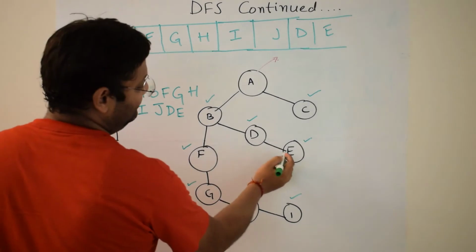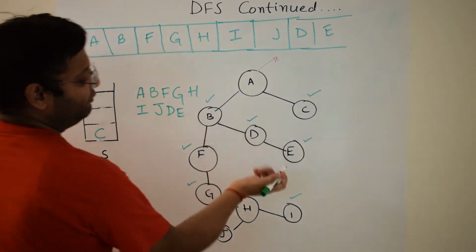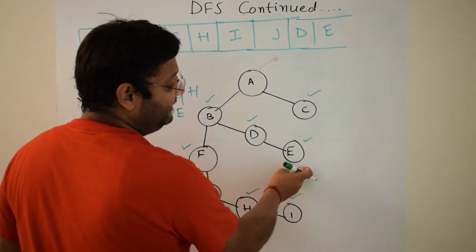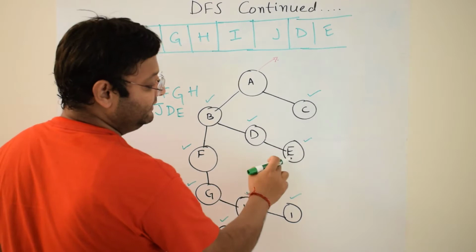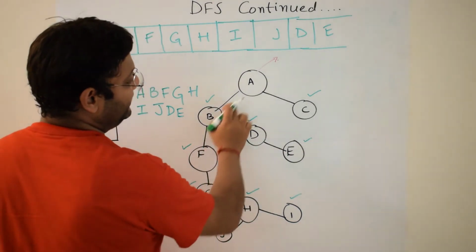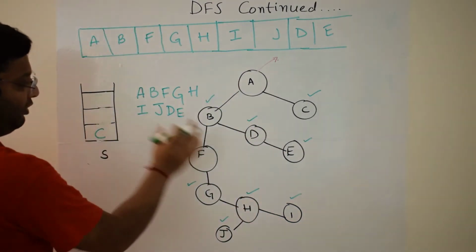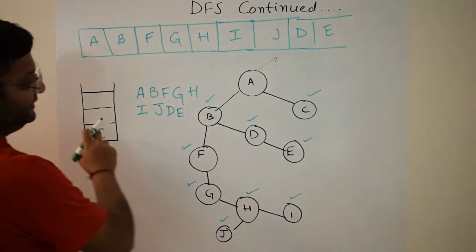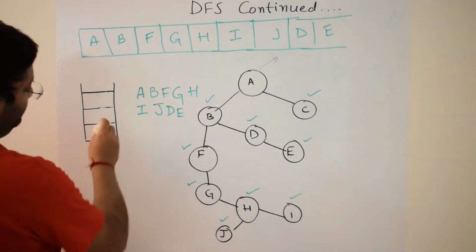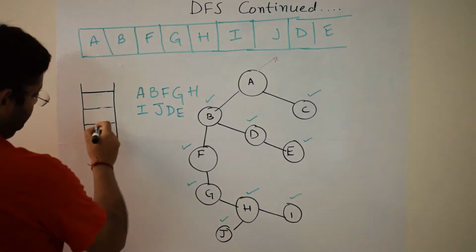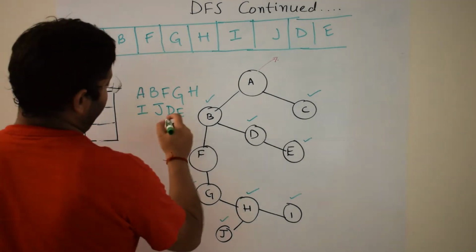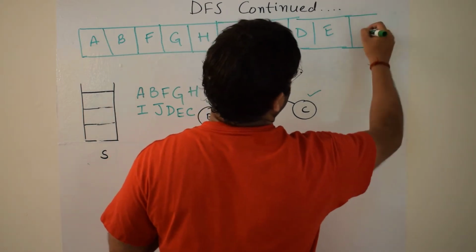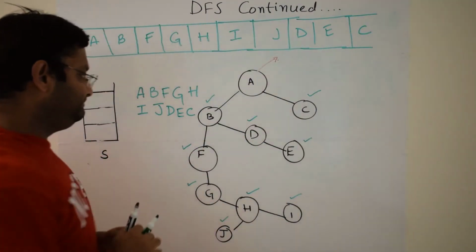Now what? So you will backtrack, correct? As per the algorithm, you would have gone back here, because at E you would have approached a dead end. So you have gone back to D, gone back to B, gone back to A. And here also the same thing is happening. Now the next element to be popped out is C. So you will pop out C and mark it as visited.